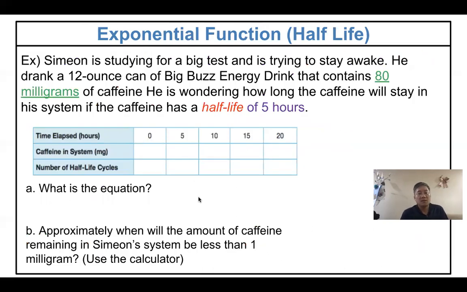Simeon is studying for a big test and is trying to stay awake. He drank a 12-ounce can of a Big Buzz energy drink that contains 80 milligrams of caffeine. He's wondering how long the caffeine will stay in his system if the caffeine has a half-life of 5 hours.